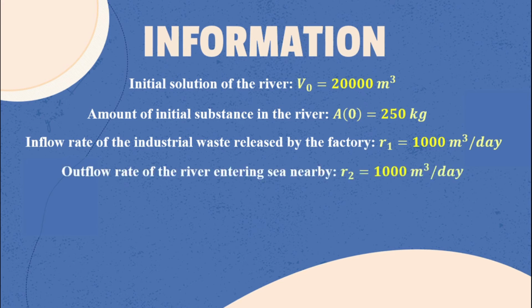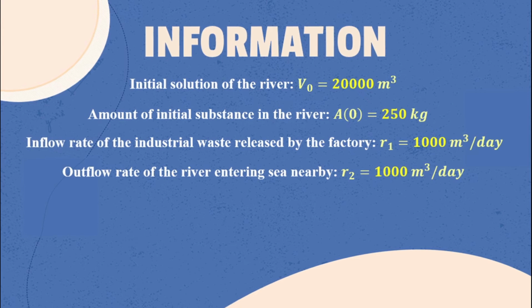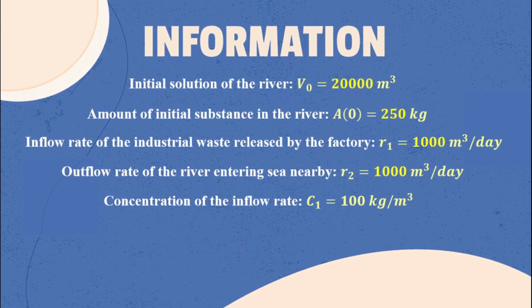It has the same amount as the outflow rate of the river entering the sea nearby. Lastly, the concentration of the inflow, C1, is equal to 100 kg per cubic meter. Meanwhile, the concentration of the outflow, C2, is equal to A(t) over V(t).